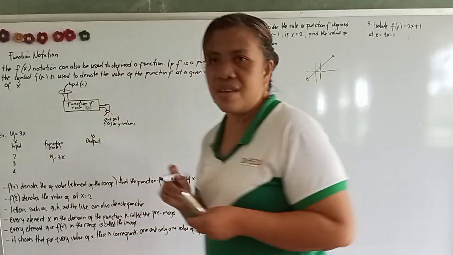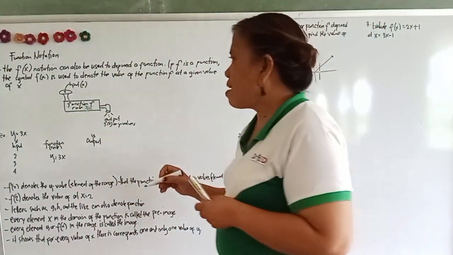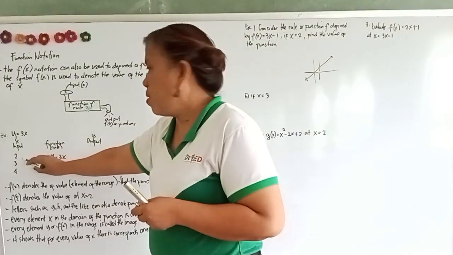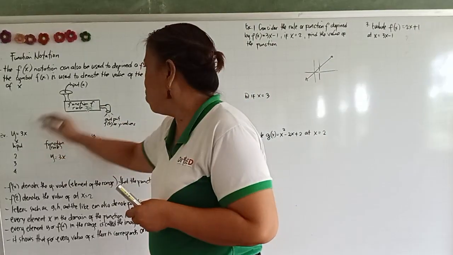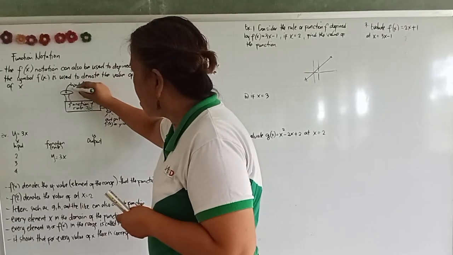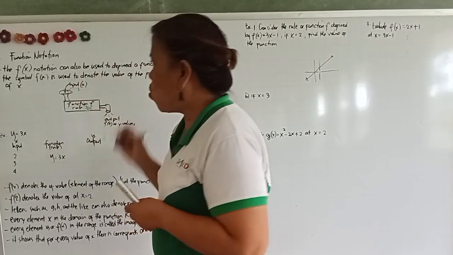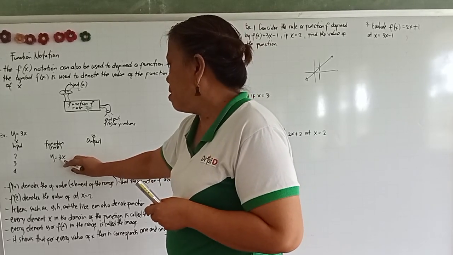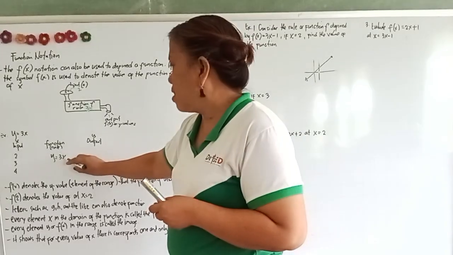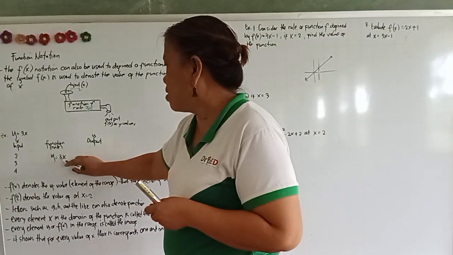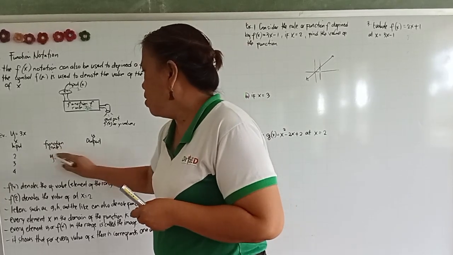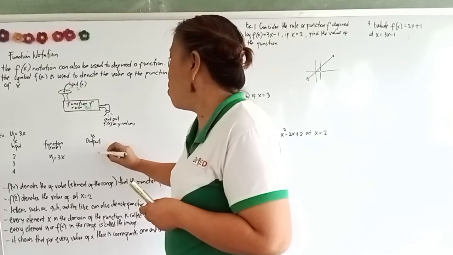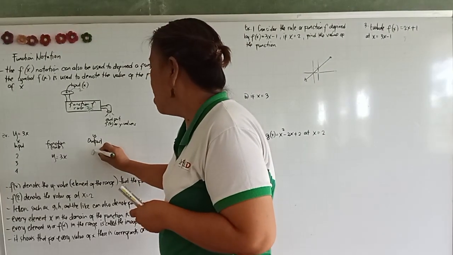Our input is 2. Using our rule, 3 times x, our x is 2. So how much is 3 times 2? 6. So our output is 6.